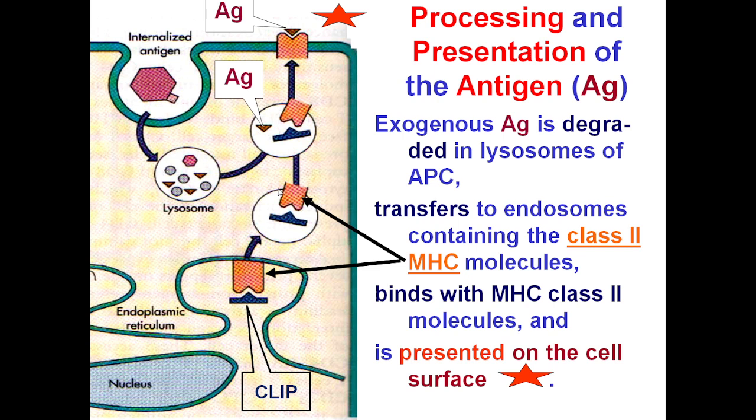So, a primitive scheme of exogenous peptide presentation is shown here. In the endoplasmic reticulum, the MHC2 molecule is synthesized and becomes hidden by the CLIP peptide, a special peptide that closes the antigen binding cleft of the MHC2 molecule.